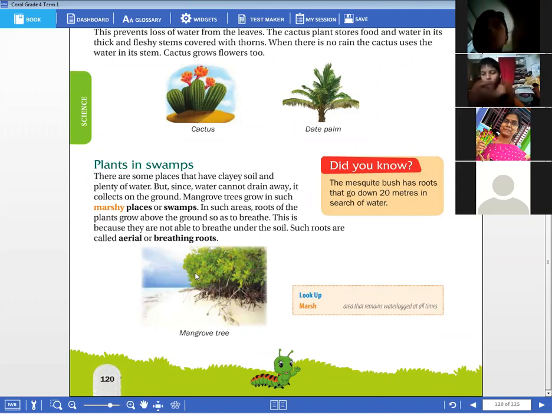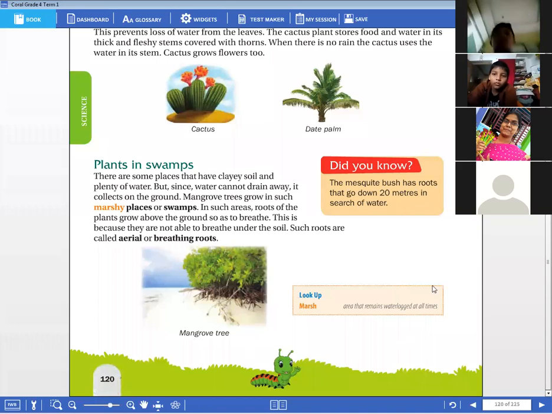So water gets stagnated in the low-lying area, and those areas are called swamp areas, also known as marshy places, M-A-R-S-H-Y. An example of plants that grow in marshy or swamp areas is mangrove trees, children.